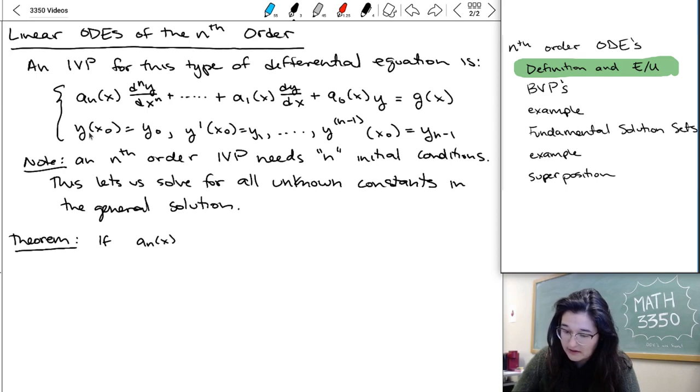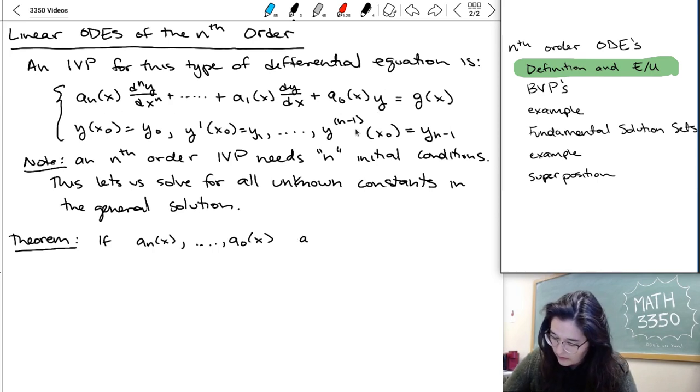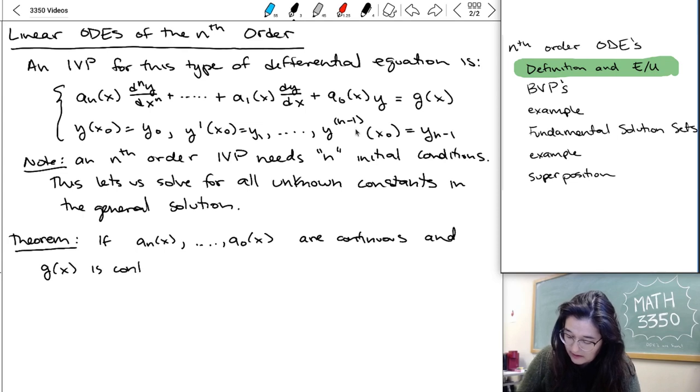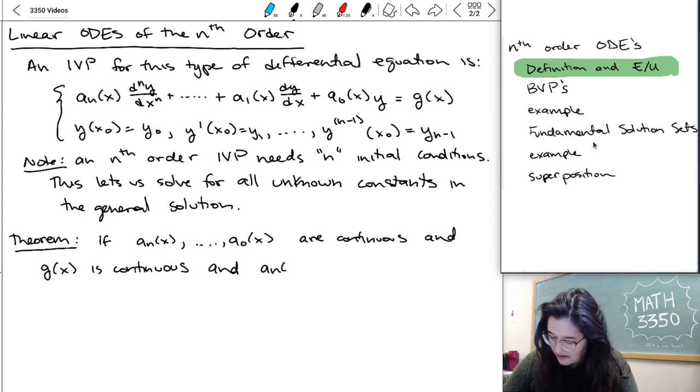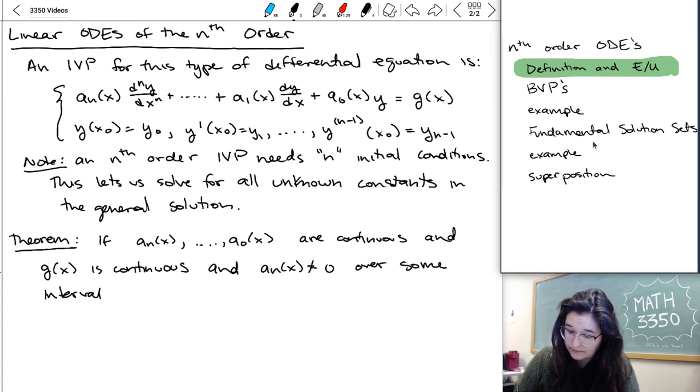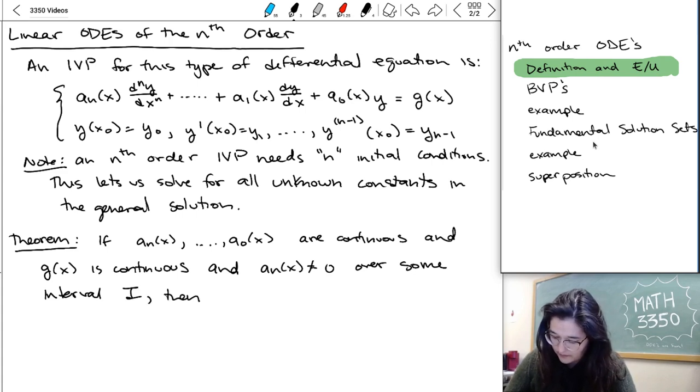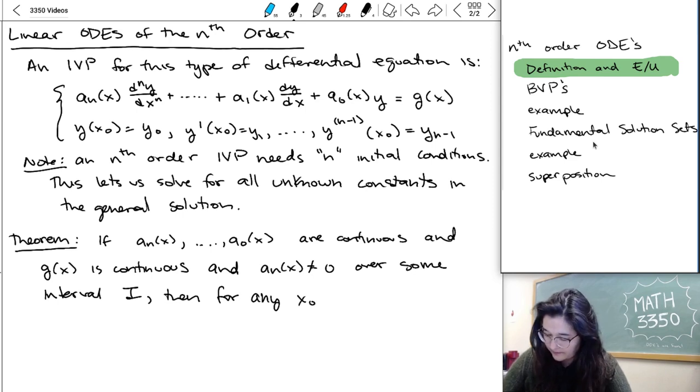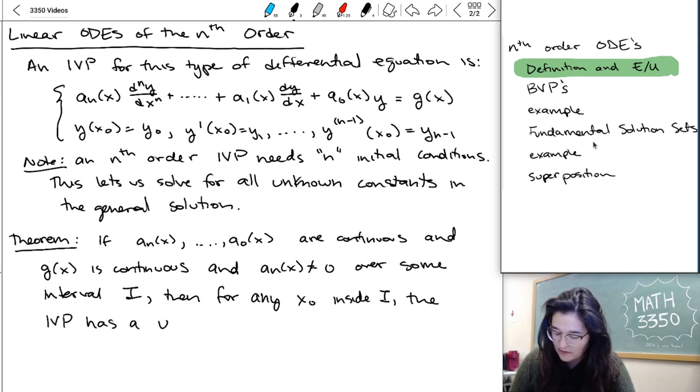So if all of these functions that multiply y and its derivatives here are continuous, and g of x is continuous, so that function on the right hand side of the equation, and a sub n of x is not equal to 0 over some interval, then for any initial x value, x0, the initial value problem has a unique solution.